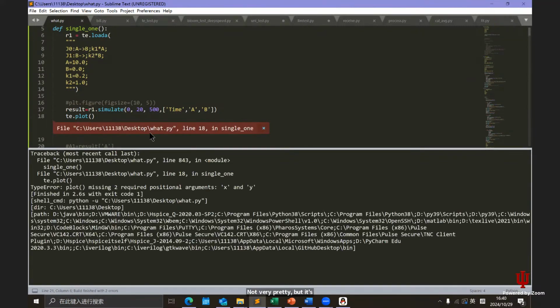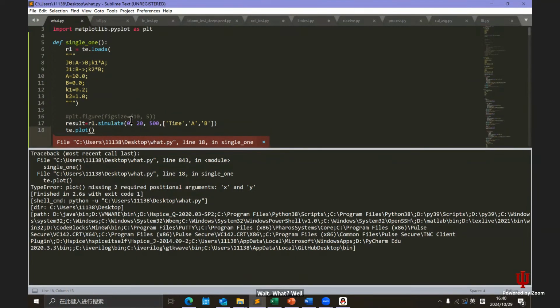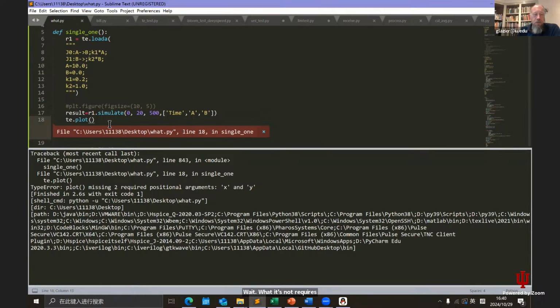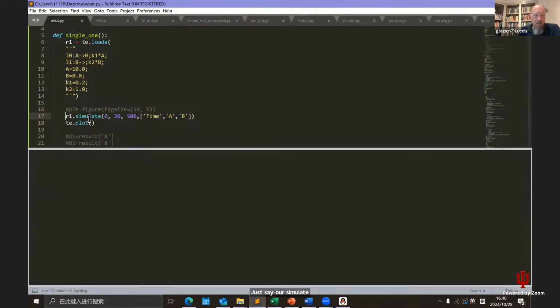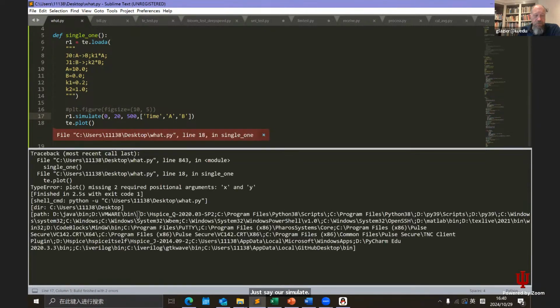Wait, what? Plot requires, oh, because you don't specify what your output is. In line 17, just say r dot simulate. No, but get rid of the time AB.